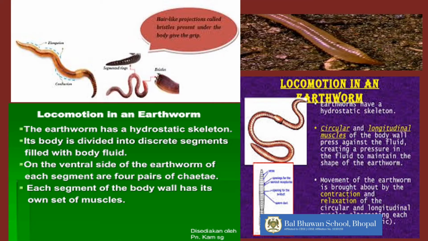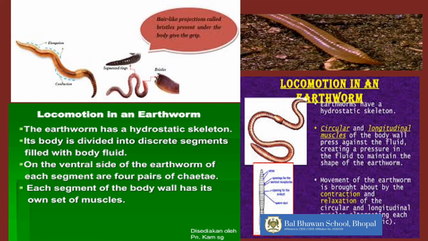That means the body has definite segments and the body is filled with a liquid. Now, on the ventral side of the earthworm, each segment has 4 pairs of setae. And remember, each segment of the body has its own muscles.